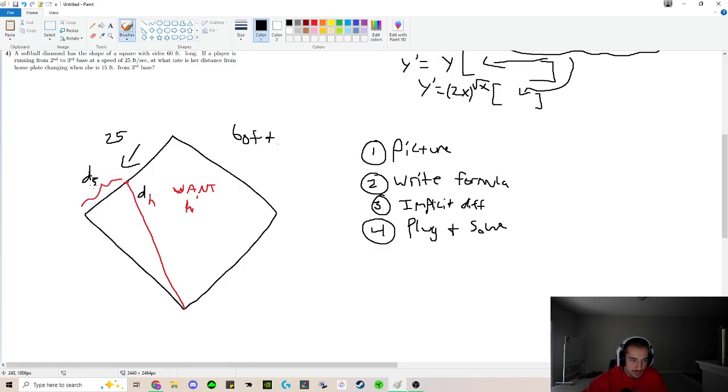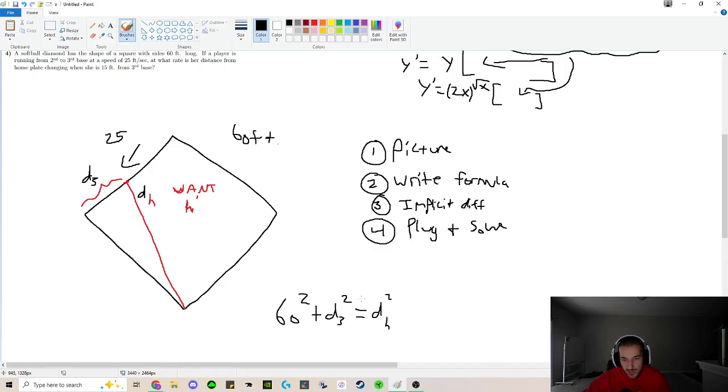So we have a Pythagorean theorem. Here we're going to say that 60 squared plus d3 squared equals dh squared, right? Because we've got this right angle here. And maybe I should be careful, these should be subscripts.